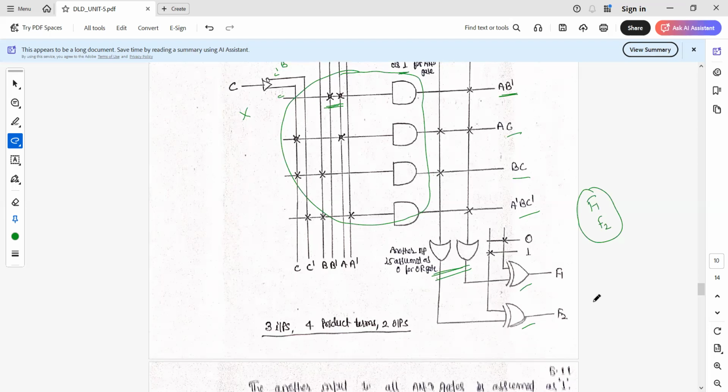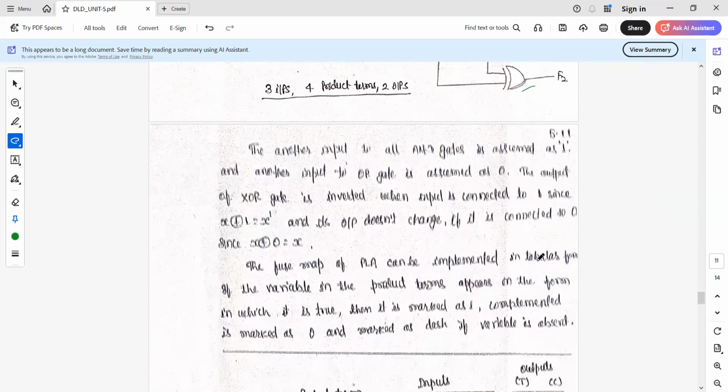So the function with complement is connected with 1, and the function without complement is connected with 0. Since in case of XOR, X XOR 0 is X, and X XOR 1 is X dash. So this logic is used to obtain the output as per the requirements.